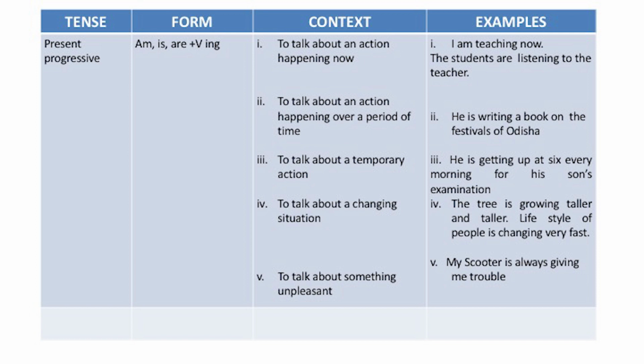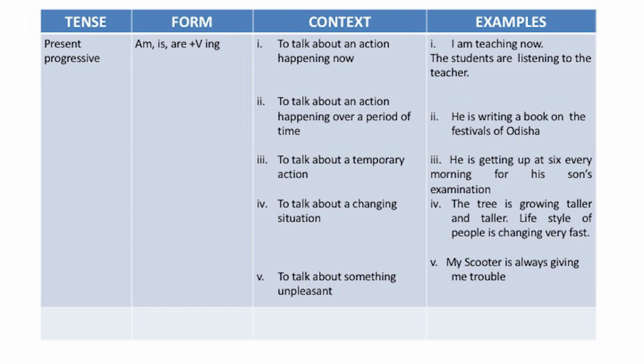Then to talk about an action happening over a period of time. He is writing a book on the festivals of Odisha. To talk about a temporary action, he is getting up at 6 every morning for his son's examination. He is a late riser by habit, but these days he is getting up for his son's examination.